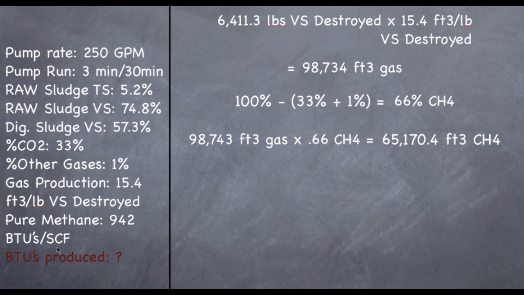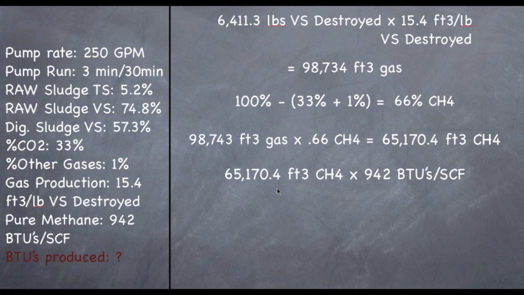Now, SCF, standard cubic feet, is another fancy way of saying cubic feet. So if we get 942 BTUs per standard cubic foot, all we have to do is multiply our 65,170.4 cubic feet of methane times 942 BTUs per standard cubic foot.